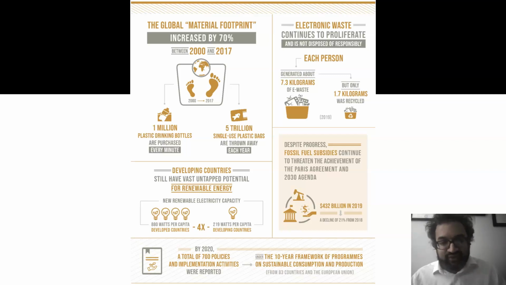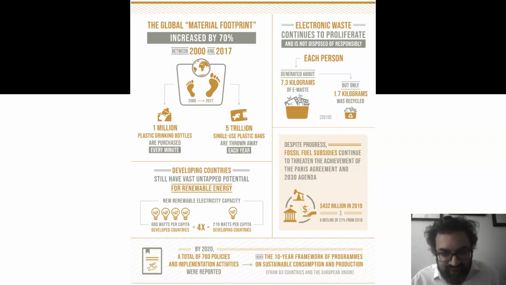So this is showing a decline in subsidies, and we need to make progress so that we can ensure that all countries that have signed the Paris Agreement are complying.